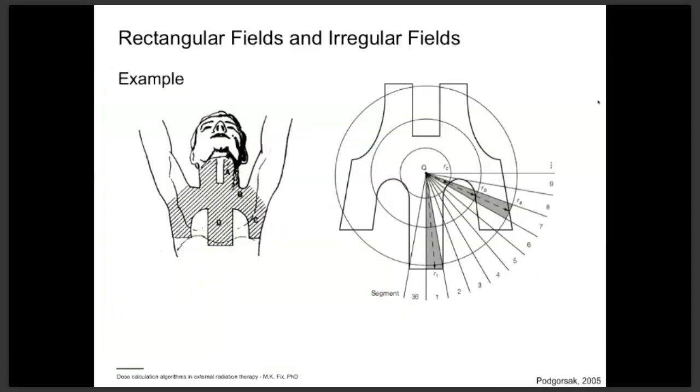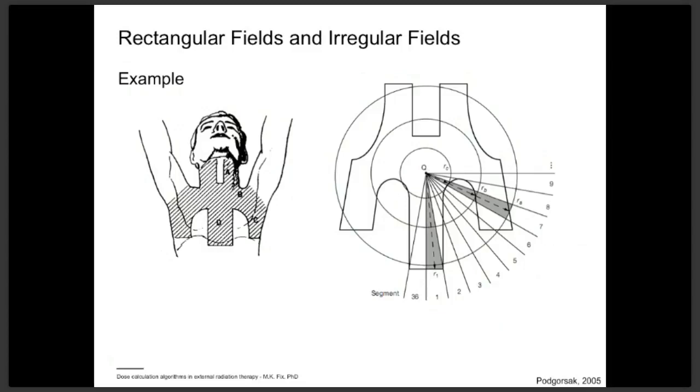And here is an example of a mantle field. So this is the field which is open for the beam, and around here it's blocked. So this would be the border of the field shape here.